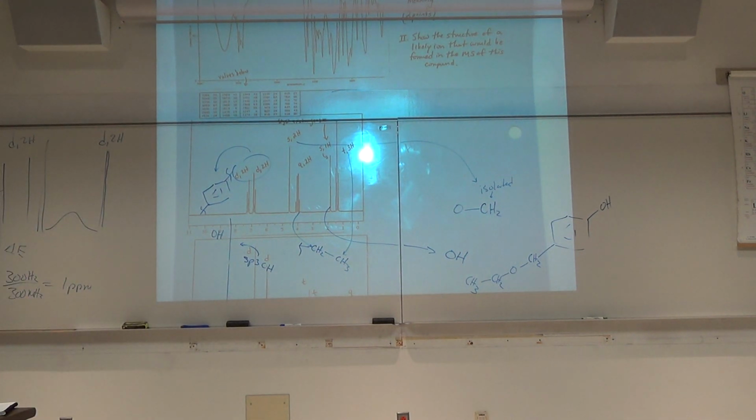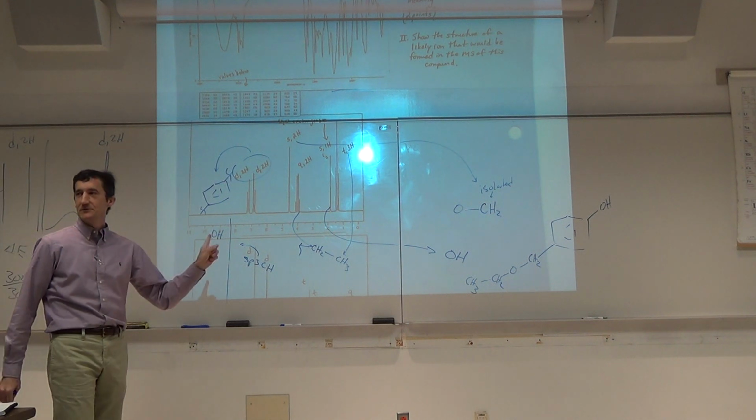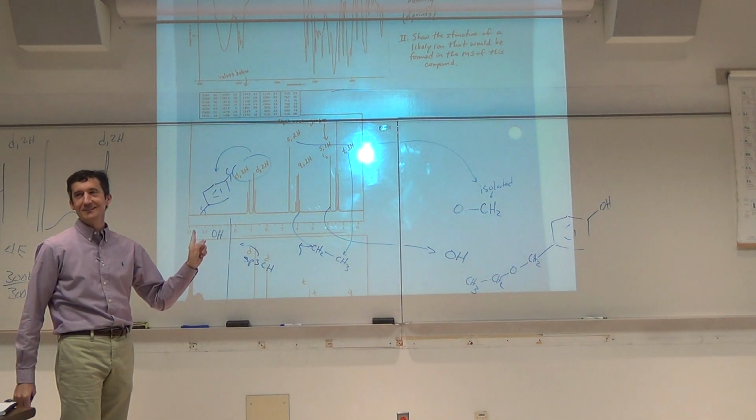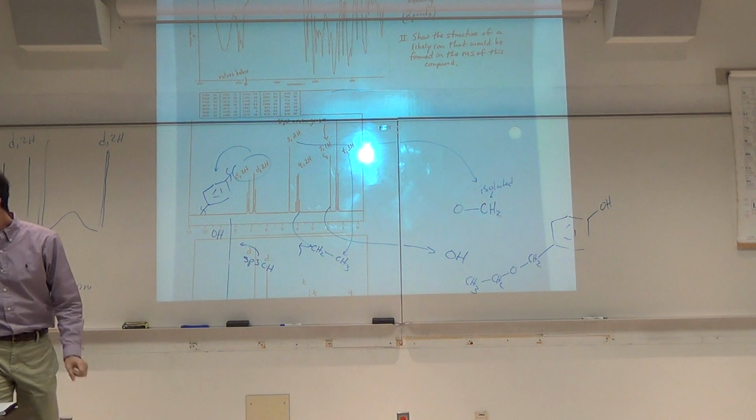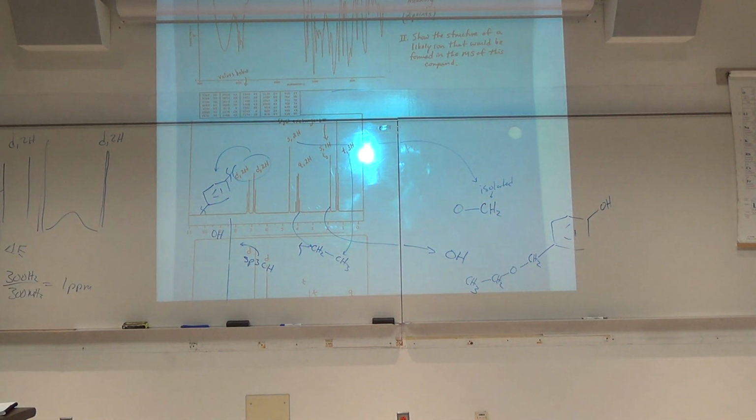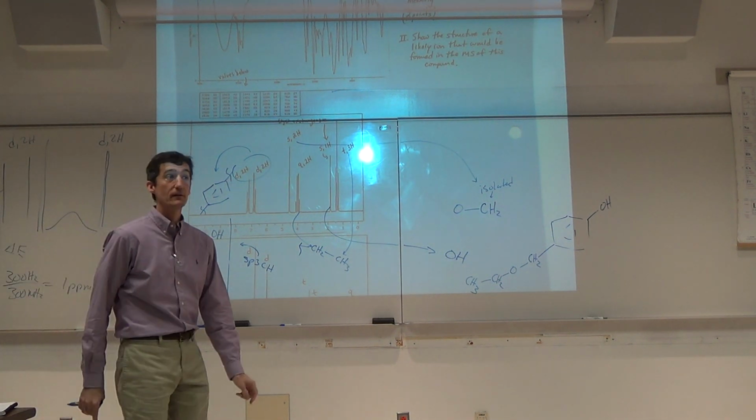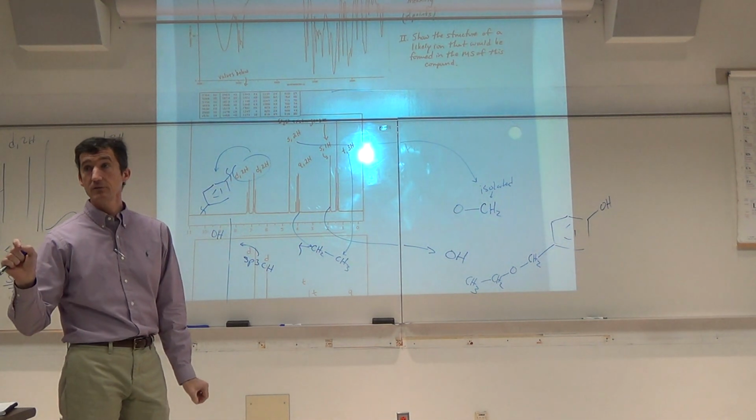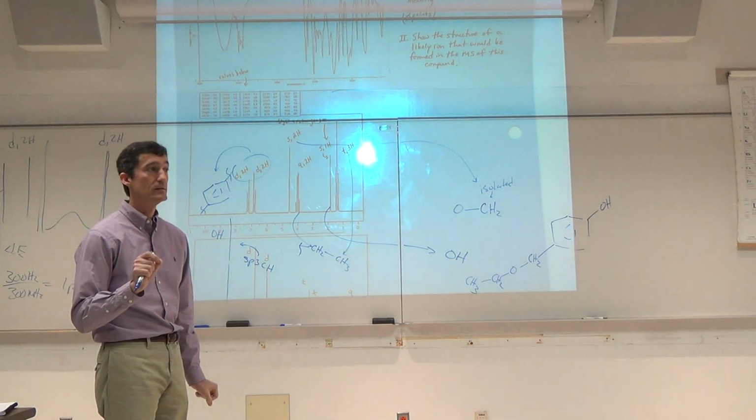Could we have had another answer? No. This is not it. This is not it. Because this must match the Jones oxidation, the chemical test. Well, yeah. Chemical test tells us we have what type of alcohol?